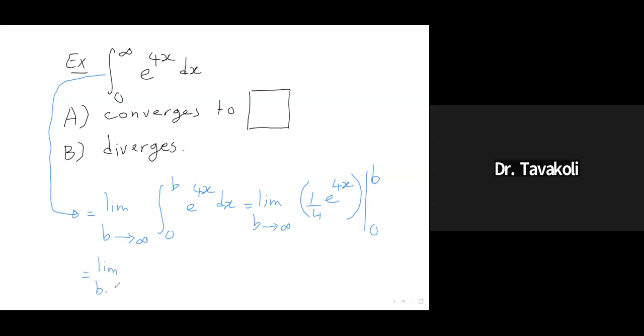So the limit as b tends to infinity. We evaluate that antiderivative at b, which is going to be 1/4 e to the power of 4b, minus the evaluation at 0, which is 1/4 e to the power of 4 times 0, which is 0.